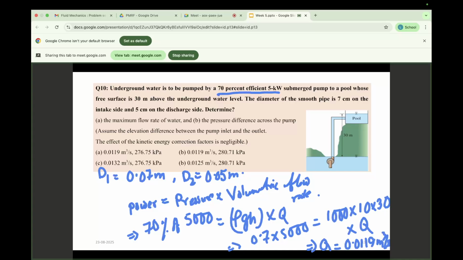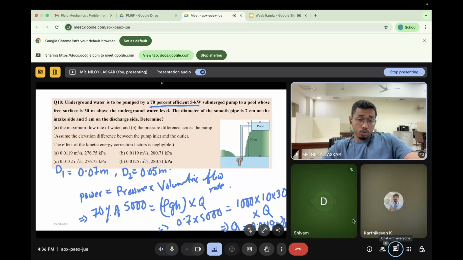So now Q is given, diameter is given. You can find out velocity using this continuity equation. So please calculate. Someone has responded.